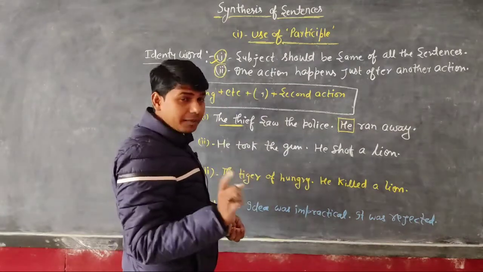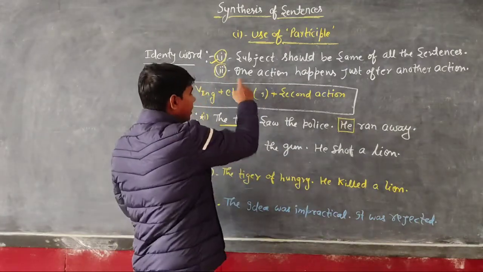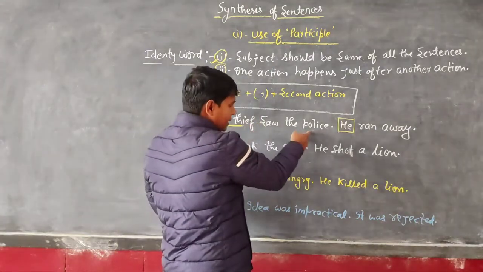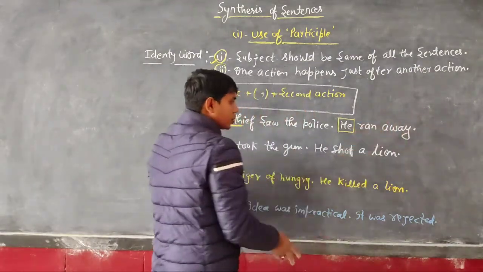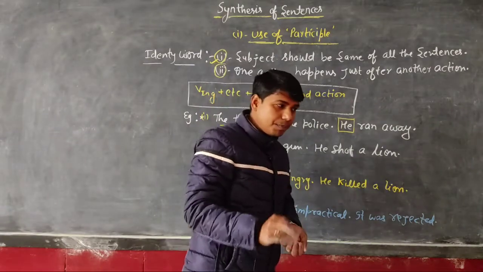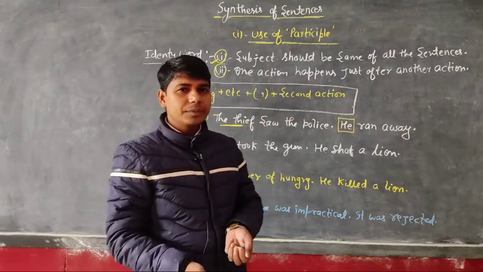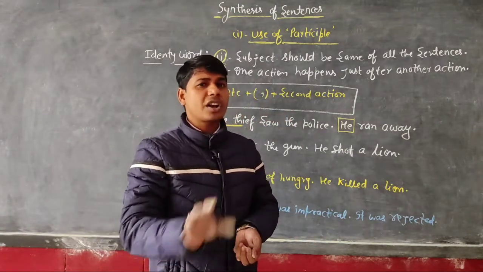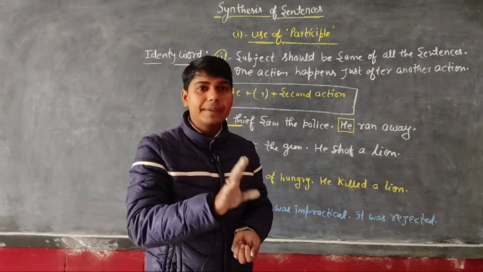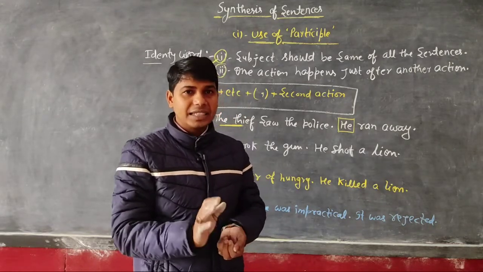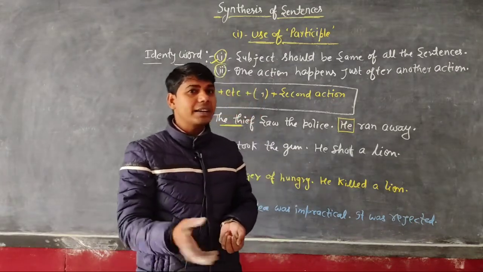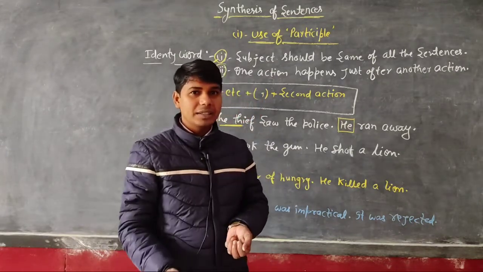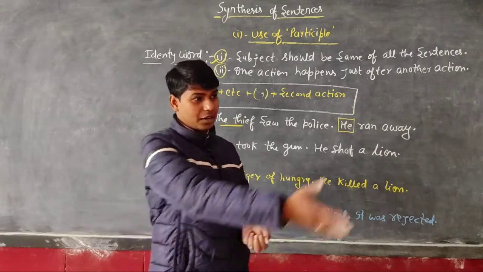Is that clear? Now see, secondly, the thief saw the police, action number first, he ran away, action number second. Suppose that when the thief saw the police, will he run at once or not? At once he will run. He will not wait for the police to come and say, "Hello sir, how are you?"